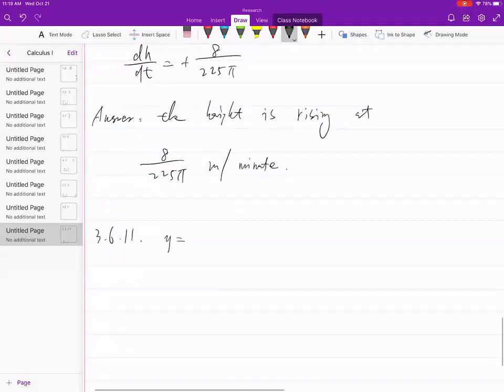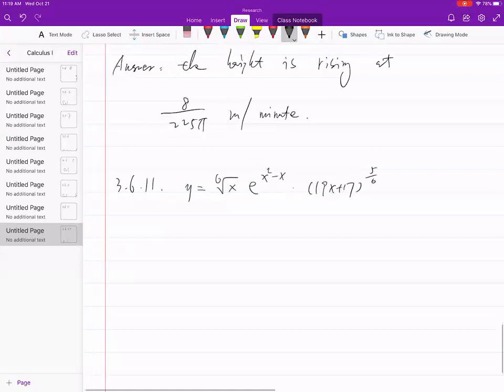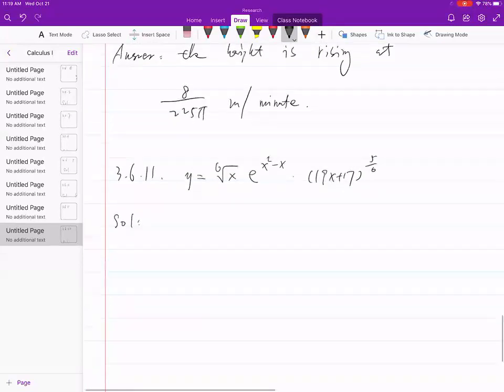y equals something. Again, this one is right on the edge. You could do the product rule. It's not too complicated.